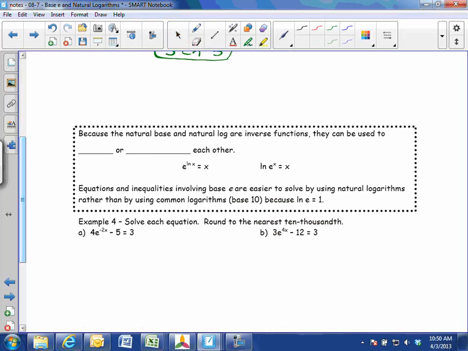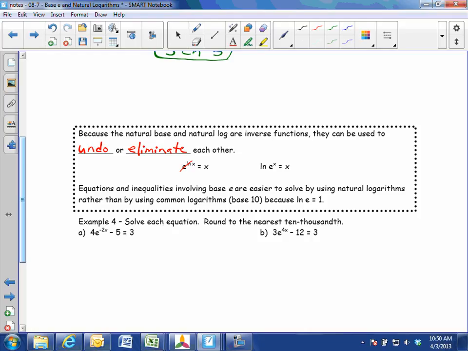Because the natural base and the natural log are inverse functions, they can be used to undo each other, because it's like multiplication and division, they undo each other, or eliminate each other. So we can cancel them out. Alright, so if I was looking at this thing, I know that e to a natural log cancel each other out, so I would just be left with x.